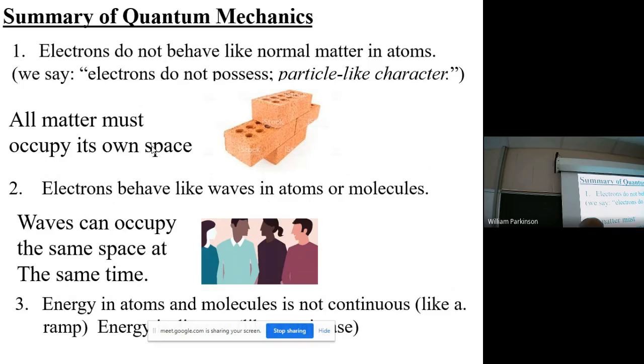As an example of that, I show a cartoon of some people having a conversation. And we've all been in conversation with more than one other person at the same time. You can hear everybody. You can hear each of these individual people talking. Now, it might get a little garbled when too many people start talking simultaneously, but you can certainly make out each individual sound that each person is making.